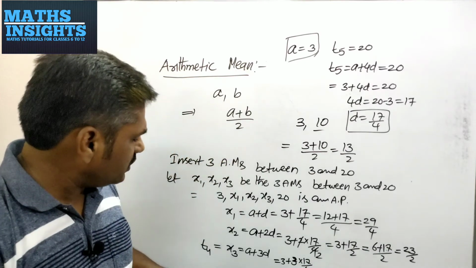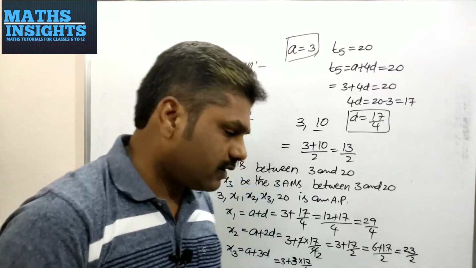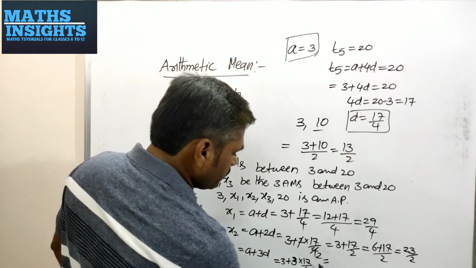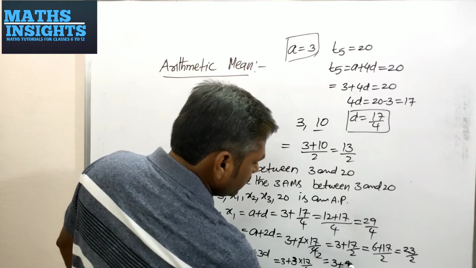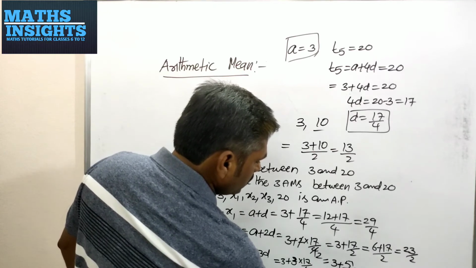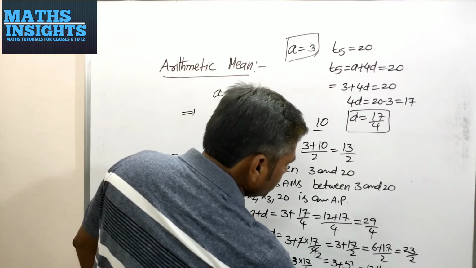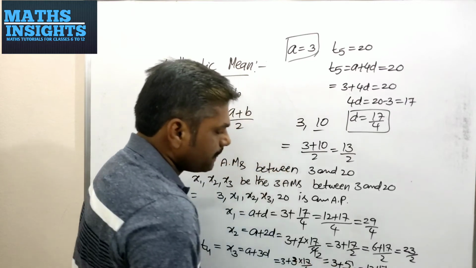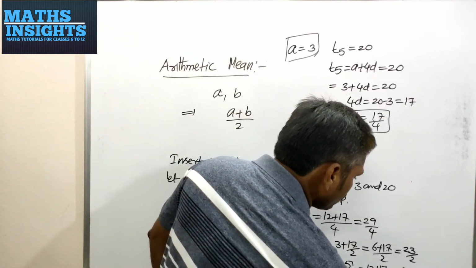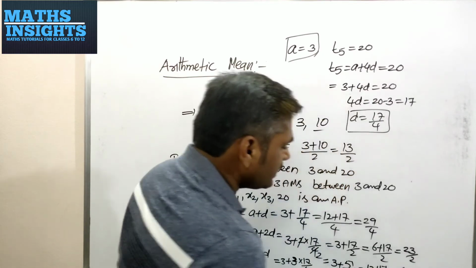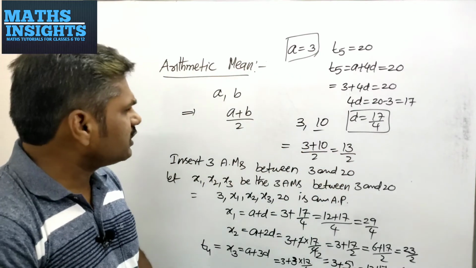I am substituting the values of a and d, that is equal to 3 plus 51 by 4. So 12 plus 51 by 4, that is 63 by 4. This is the third arithmetic mean.